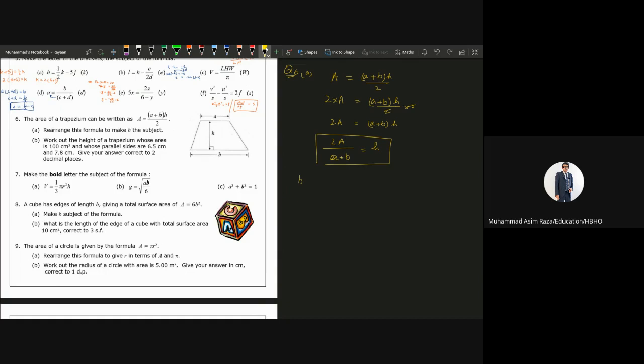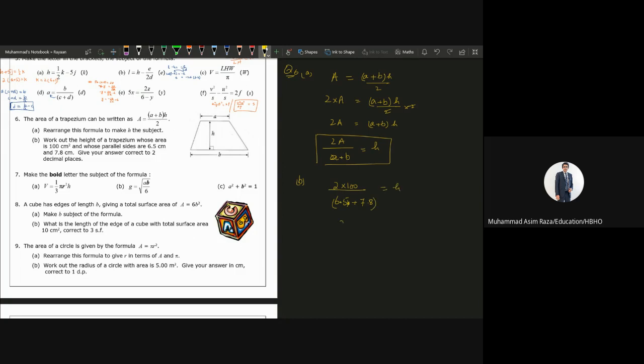Then we have part B. He says to work out the height of the trapezium when the area is 100 centimeters square. So the area is 100 centimeters square and the formula is from above. He says the parallel sides are 6.5 and 7.8. So this is h.